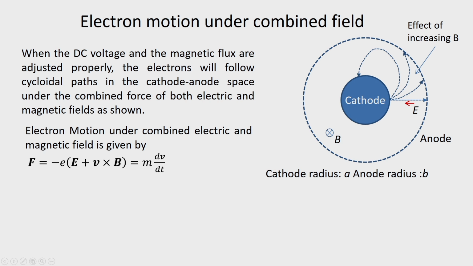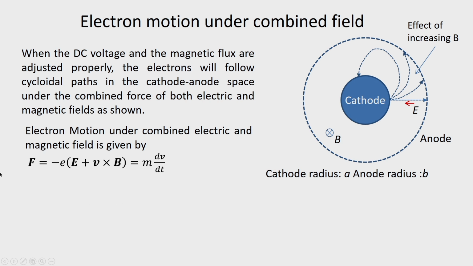So, we see that for a given electric field, we will have a magnetic field for which the electrons will come back to the cathode instead of going to the anode.